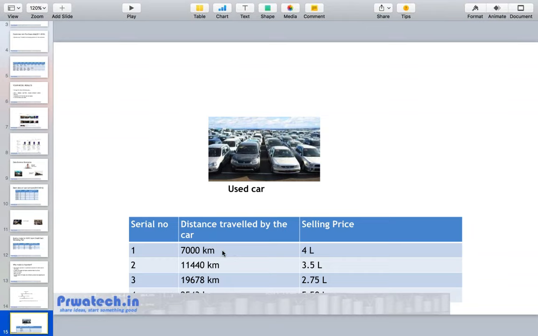These are real scenarios that we generally face in data science. In data science, we use various techniques, statistics concepts, and machine learning algorithms for decision making.